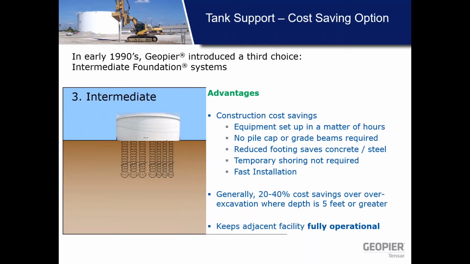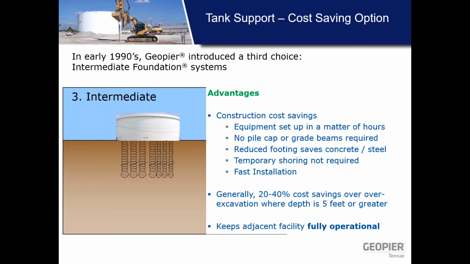From the construction standpoint, it is easy from the equipment side to bring in the equipment and install the Geopier elements, which are nothing but columns of aggregate. You don't need any pile cap or grade beams. Since we can offer higher bearing capacity, you can reduce your footing sizes.